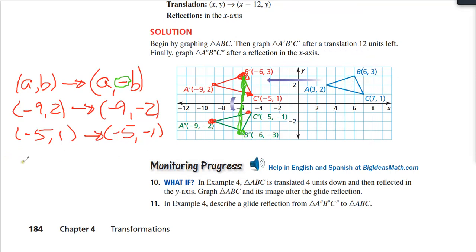So point A is 3, 2. What would A prime be? Someone tell me in the chat what A prime would be if we reflect this way. We're reflecting across the x-axis.